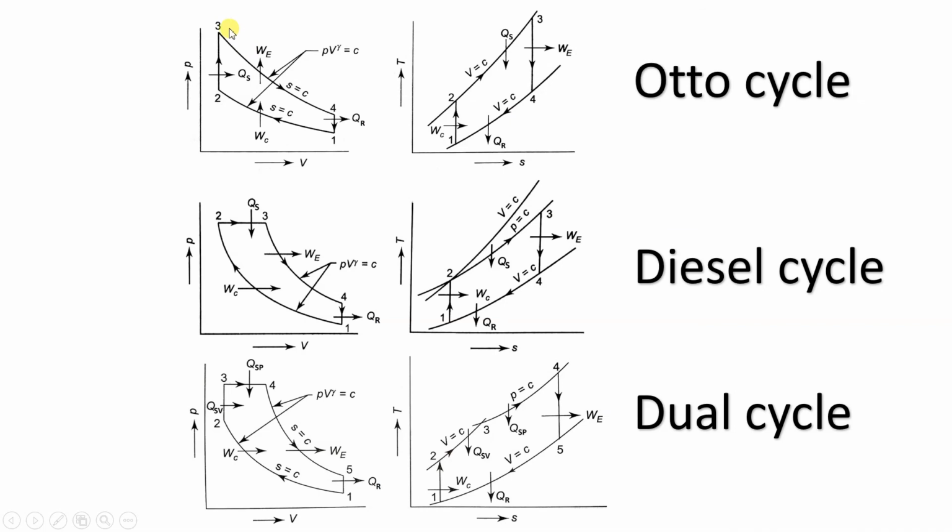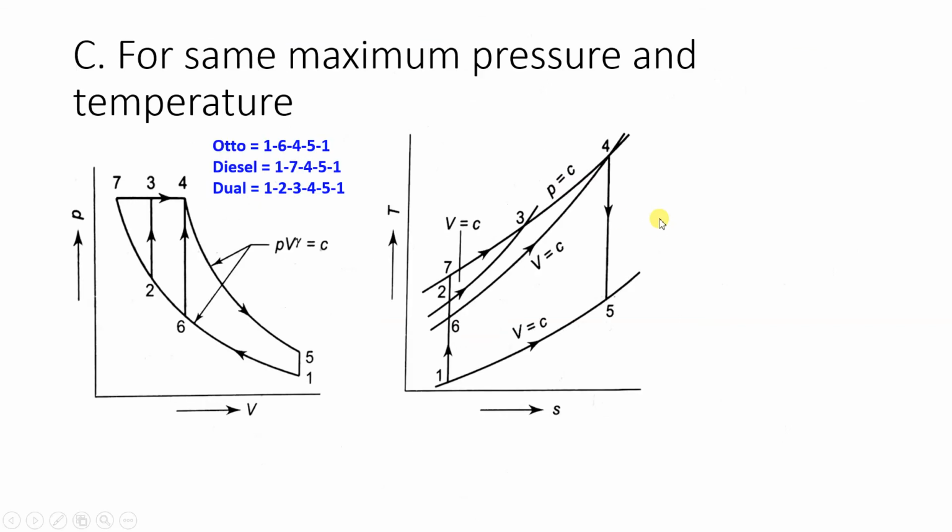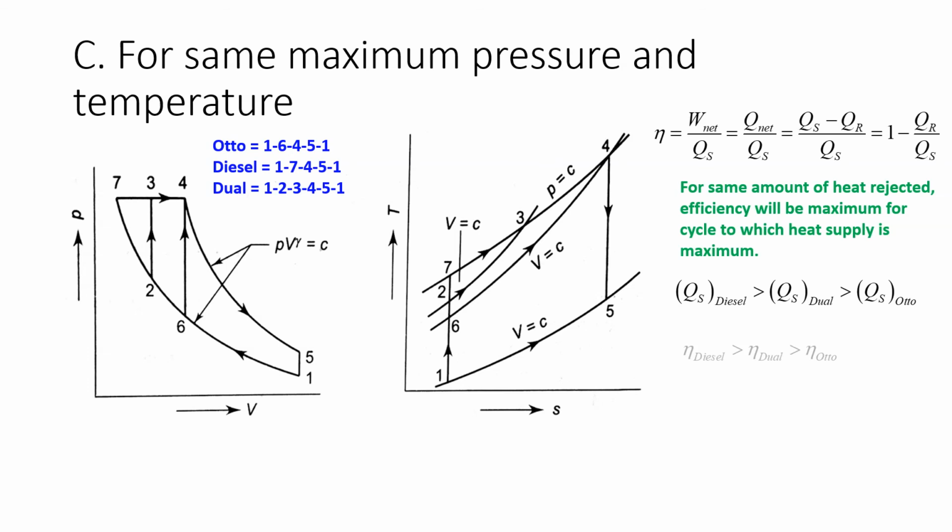Similarly, in case of Otto cycle, P3 is pressure after heat addition and T3 is temperature after heat addition. So these are the maximum pressure and temperature values. So we are maintaining same maximum pressure for all the three cycles, and same maximum temperature.